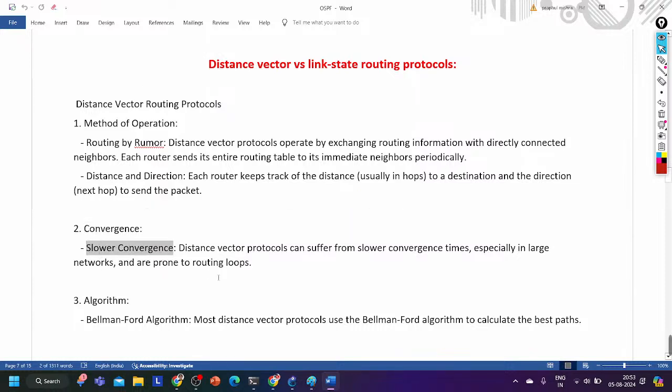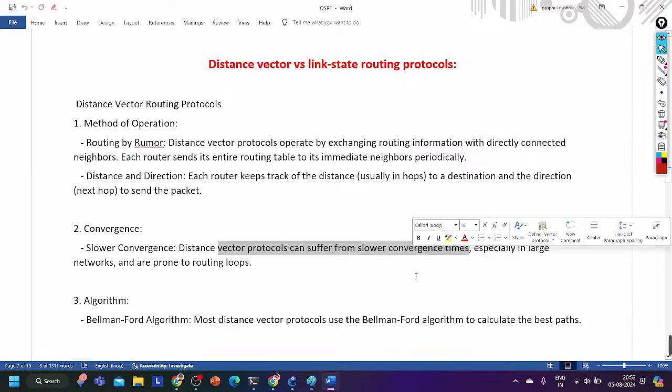Distance vector protocols can suffer from slower convergence times. Remember the RIP routing protocol, guys. Flush time is 240 seconds. Even when a network goes down, the router is going to keep that information in its table for 240 seconds, right?